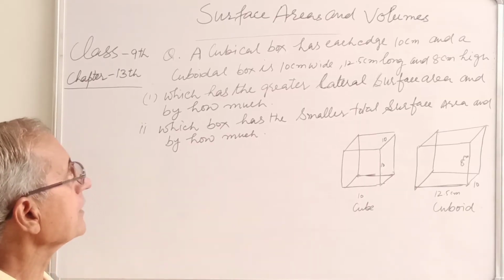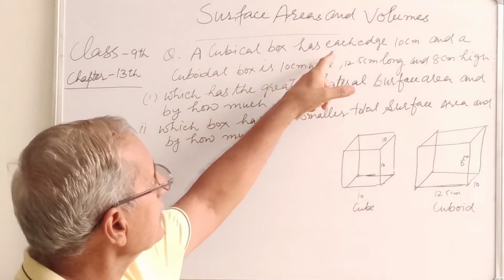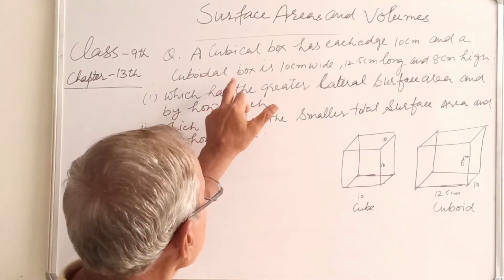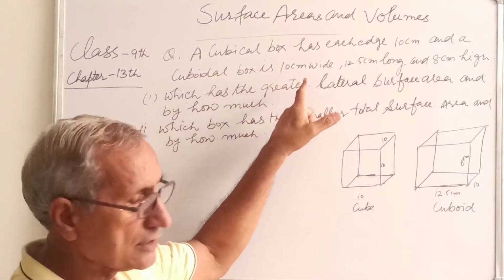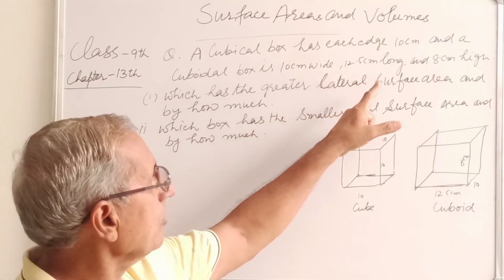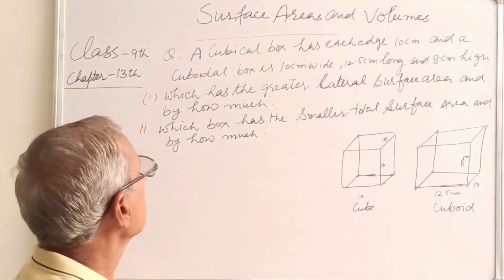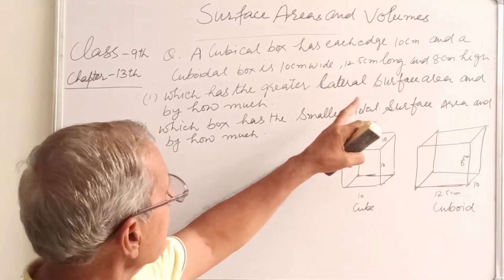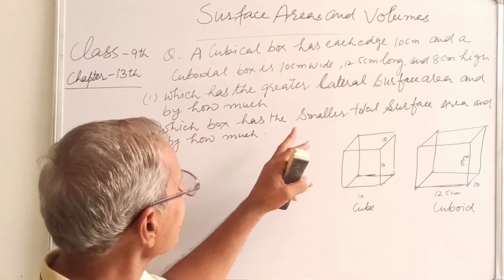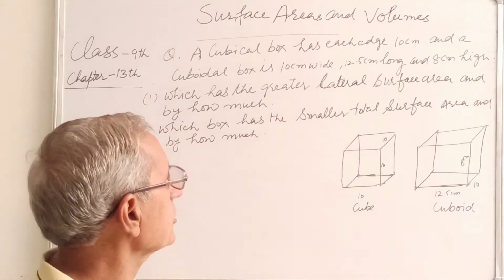So here is the next question. A cubical box has each edge 10 centimeters and a cuboidal box is 10 centimeter wide, 12.5 centimeter long and 8 centimeter high. Which has the greater lateral surface area and by how much? Which box has the smaller total surface area and by how much?